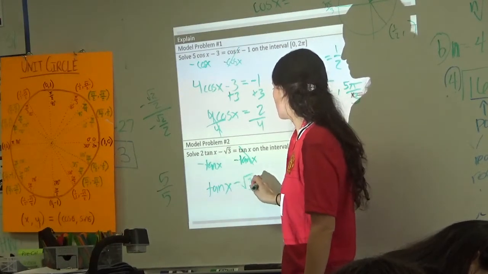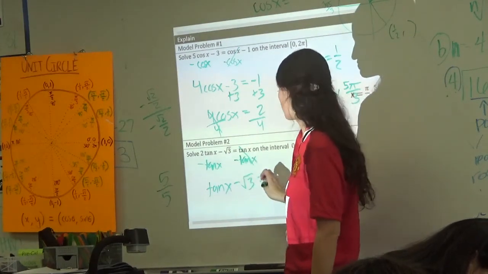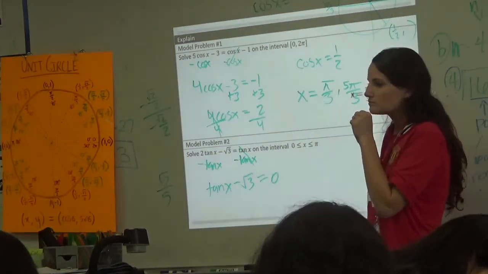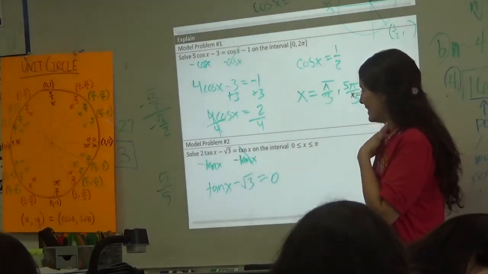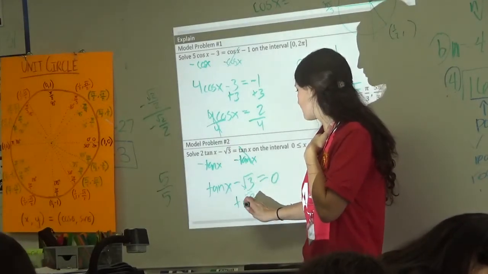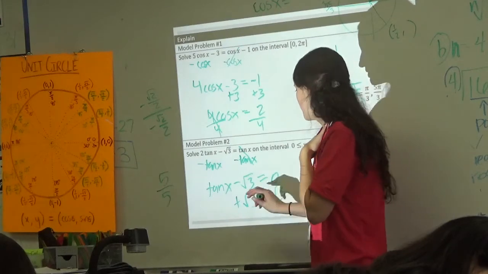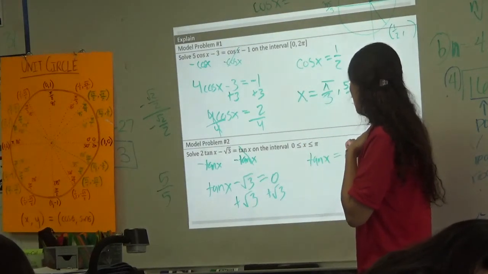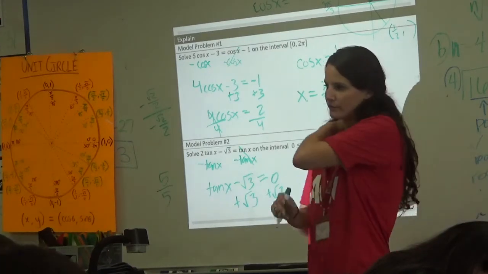Minus root 3 equals, if you do tangent minus tangent, you're left with 0 on that side. And then I'm really close to getting tangent by itself, just add root 3 over to the other side. And you have that tan x is equal to positive square root of 3.